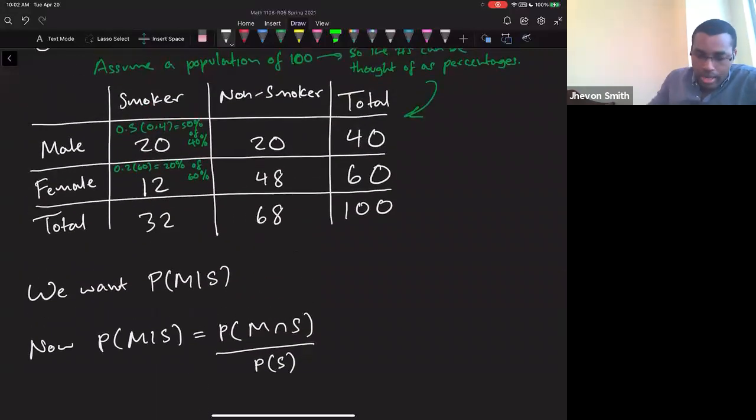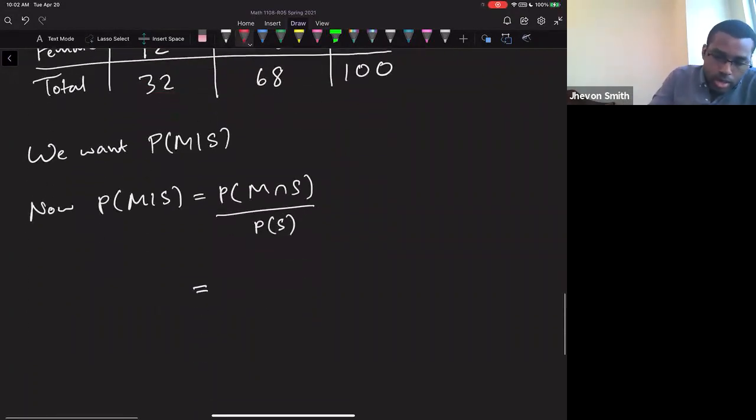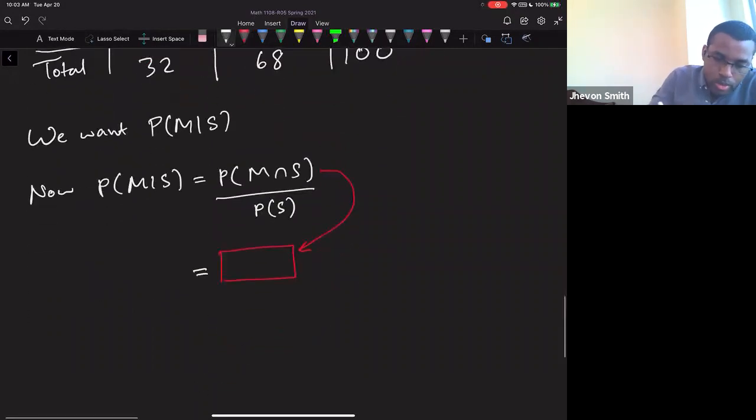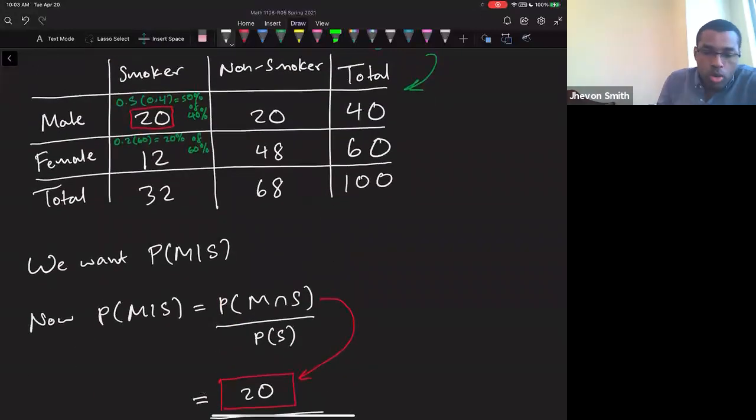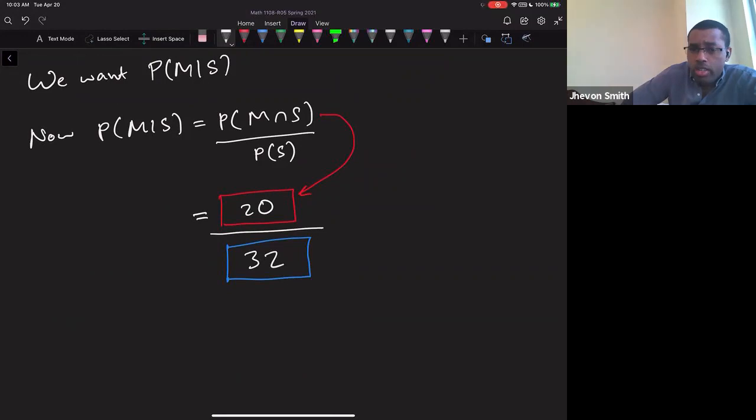Well, who's male and a smoker, right? So that's going to be, see red here, that set of people. These are the males and smokers. So there are 20 people in that group. Out of how many smokers in general? Well, that's this group here. 32. So it's 20 out of 32.